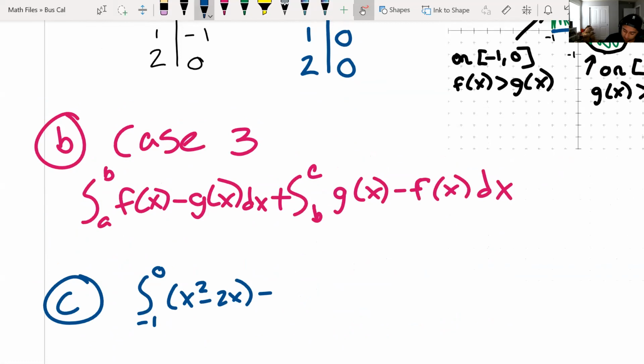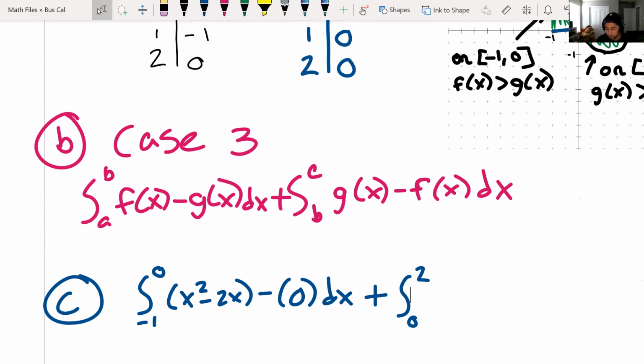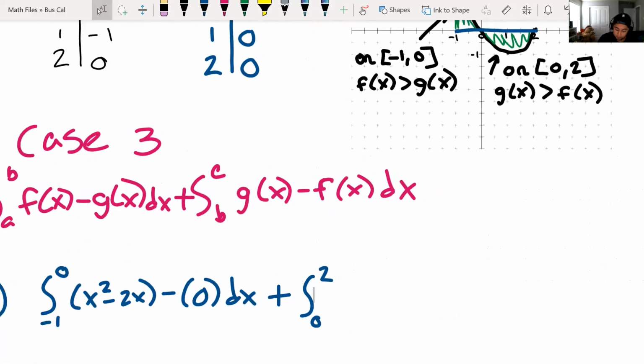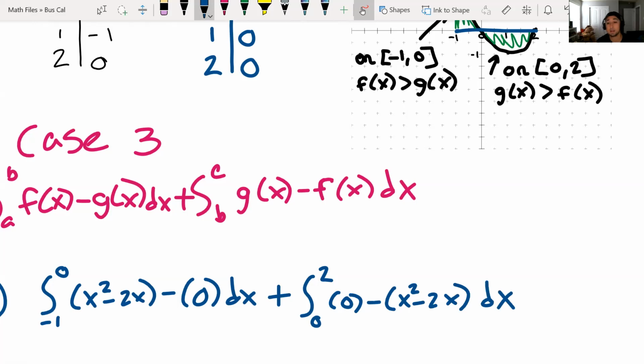This will give me 0 dx plus, now we introduce the second integral. The integral from 0 to 2, that's the second interval we're given, as shown above on the graph. And this is g of x minus f of x. So this will be 0 minus x squared minus 2x dx.